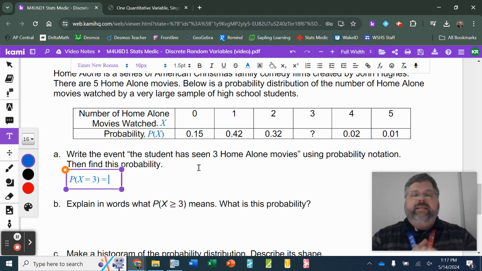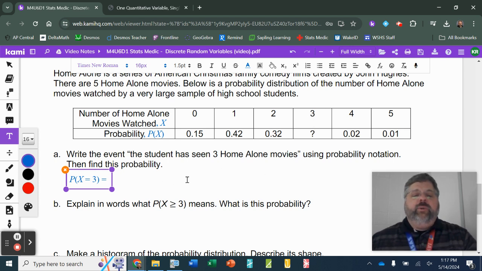If I go to my table, normally I should be able to see from my probability distribution what the probability of a student having seen 3 Home Alone movies is. But we notice that's not the case. I've got a question mark for 3.